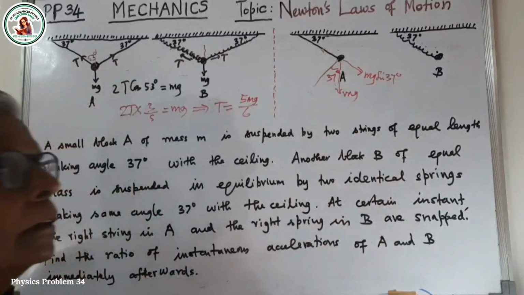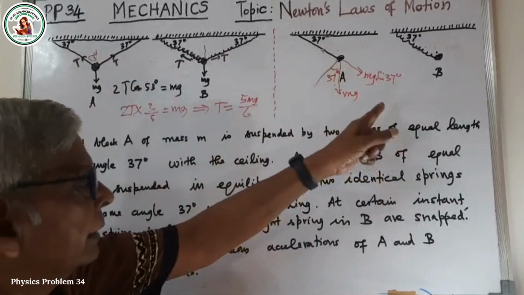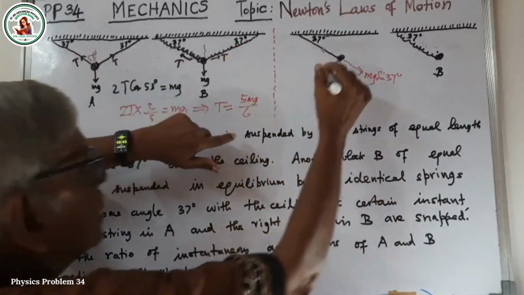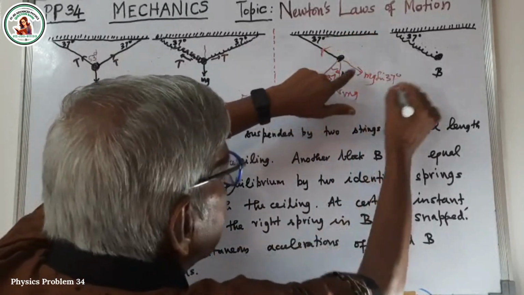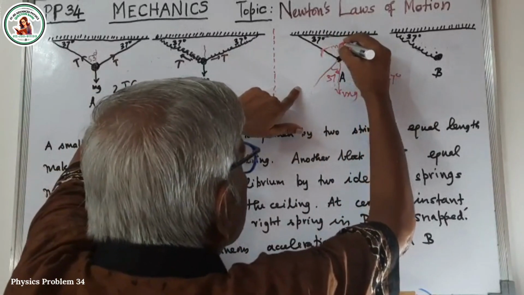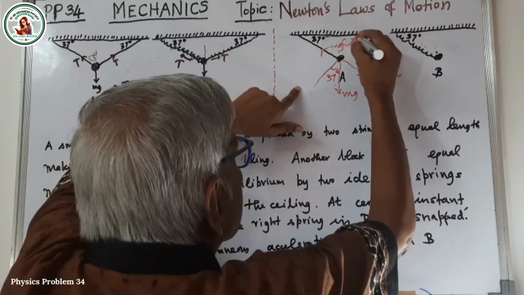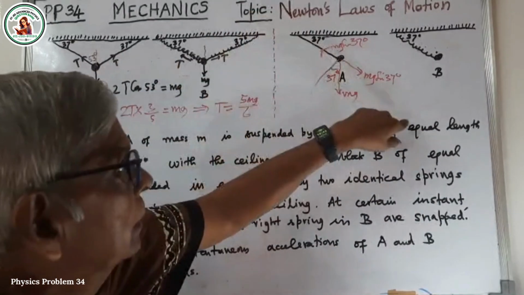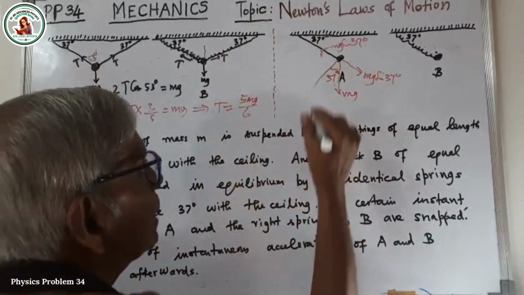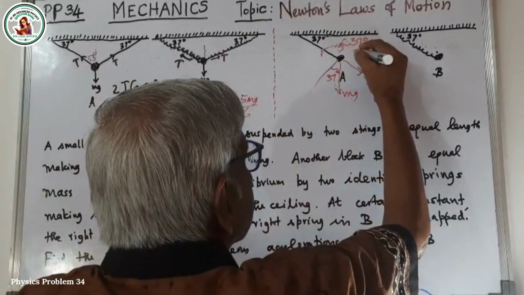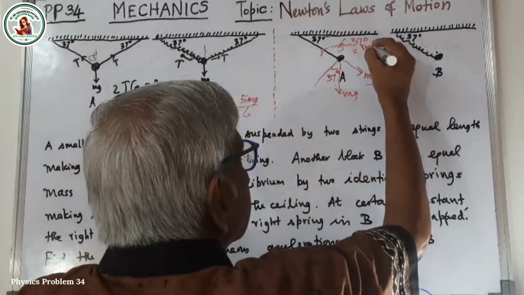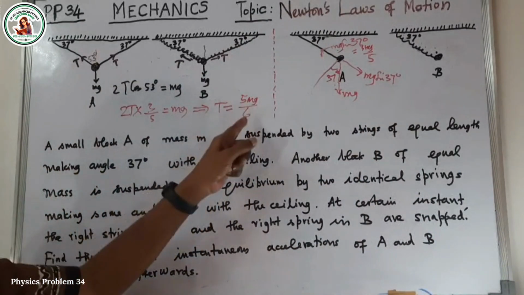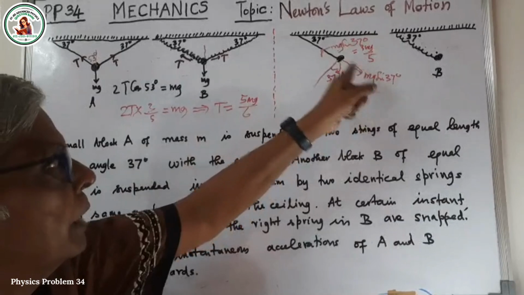It will tend to pull the mass downward, but the tension will change immediately to another value so that this mg sin 37 degrees is balanced. Parallel to the string, this mass cannot move. So the tension changes, mg sin 37 degrees, means 3mg by 5. From 5mg by 6, it changes to 3mg by 5 immediately.